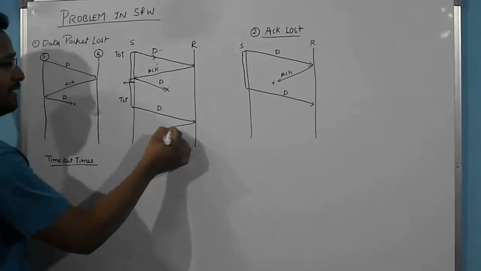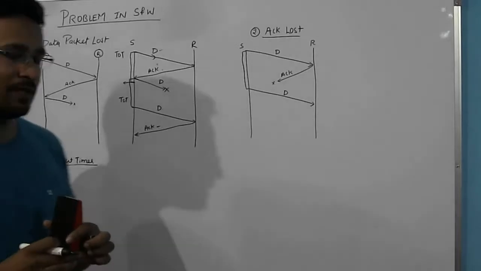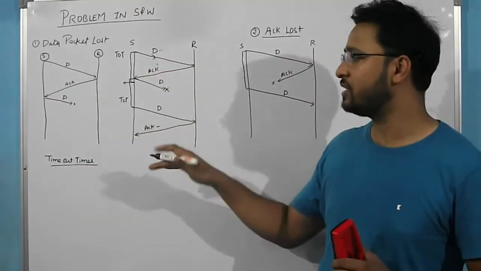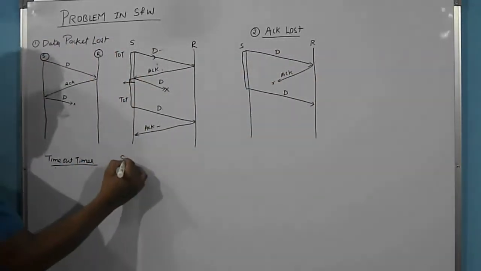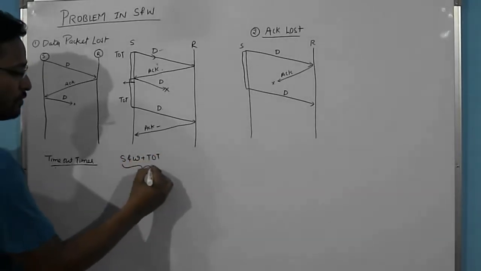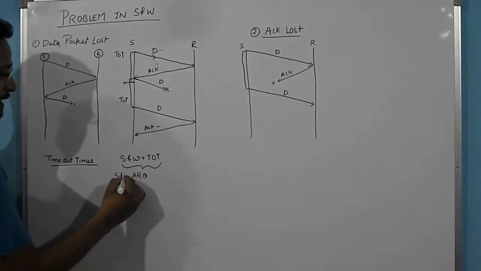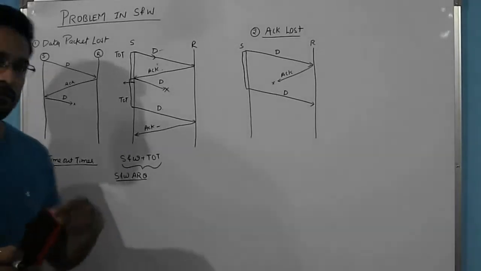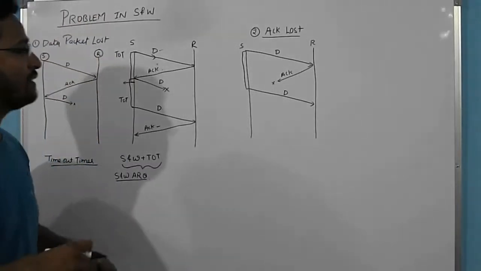Then receiver sends acknowledgement. So to overcome this problem of halting or deadlock, we introduce a term called timeout timer. So this is stop and wait plus timeout timer. We also call it ARQ, stop and wait ARQ, automatic repeat request. Sender automatically sends the data packet after the timeout timer expires.